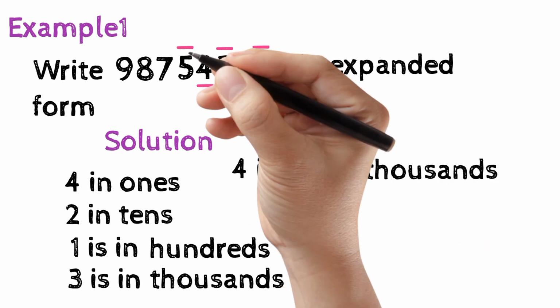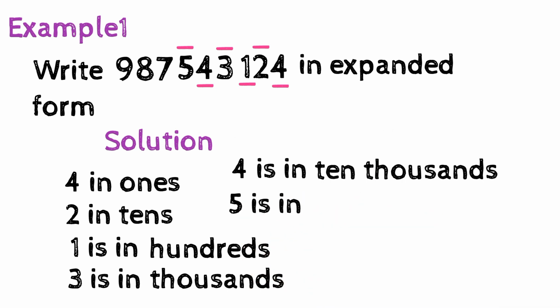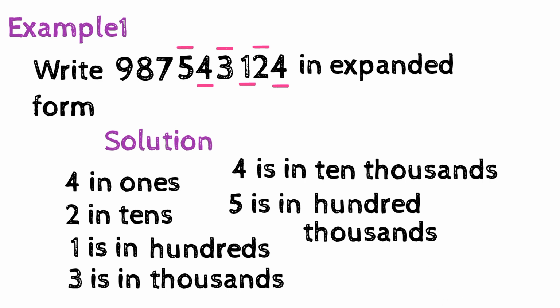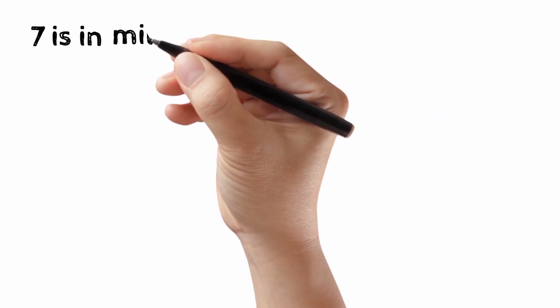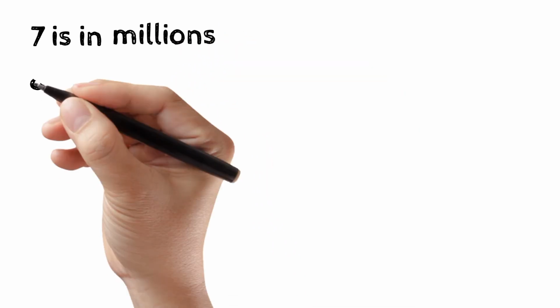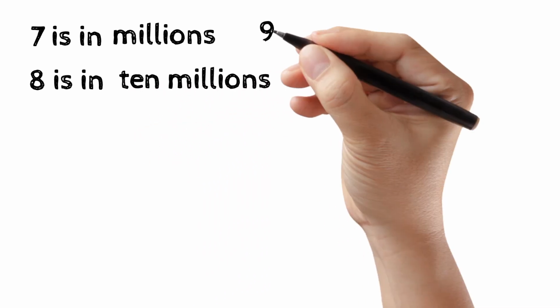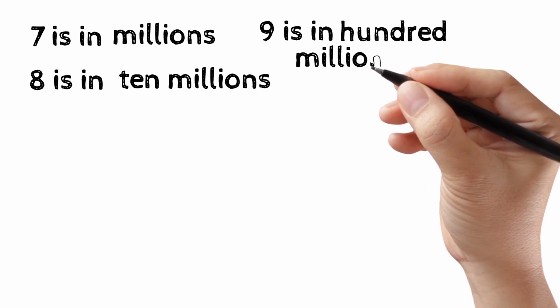Then followed by 5. So 5 here is in hundred thousands. Also the next number is 7. Then 7 is in millions. And followed by 8. 8 is in ten millions. And the last digit is 9. So 9 is in hundred millions.